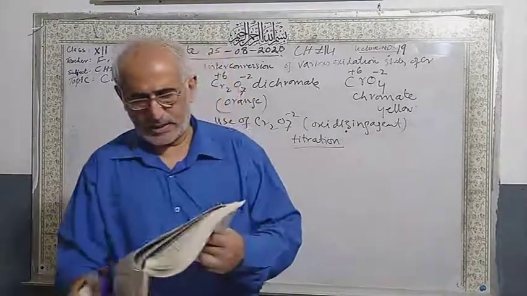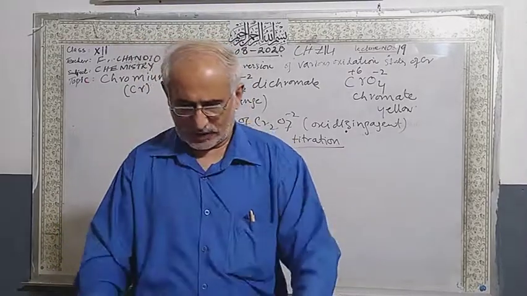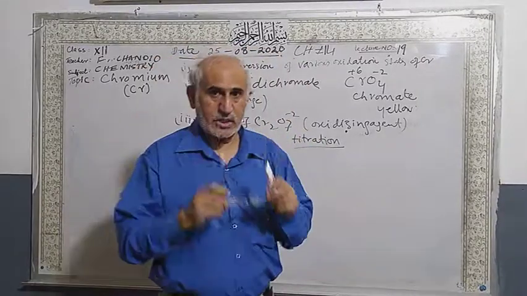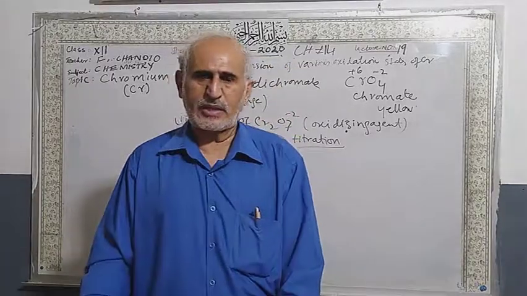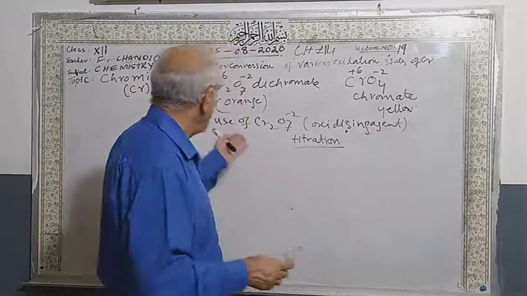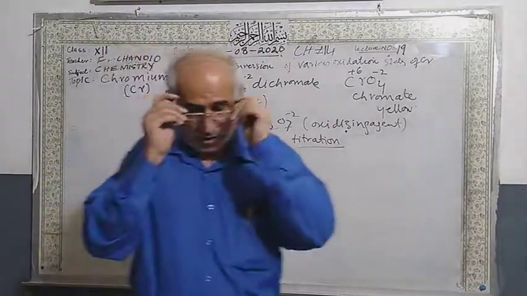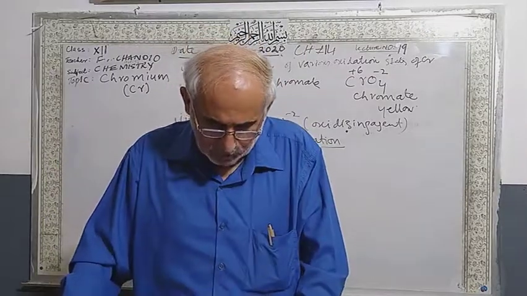You may have heard this name, titration. There are many types of titrations: acid-base titration, oxidation-reduction or redox titration, iodometric titrations. So this is the oxidation and reduction titration because an oxidizing agent is used here. So these are the three topics we discuss in chromium.